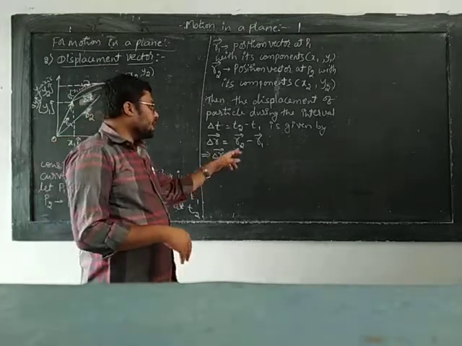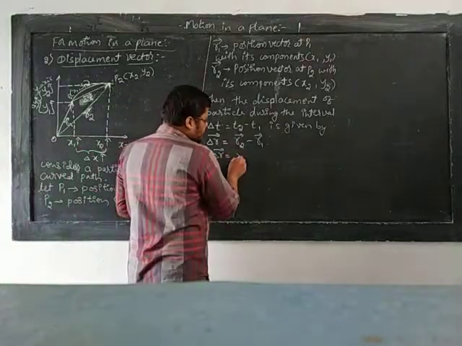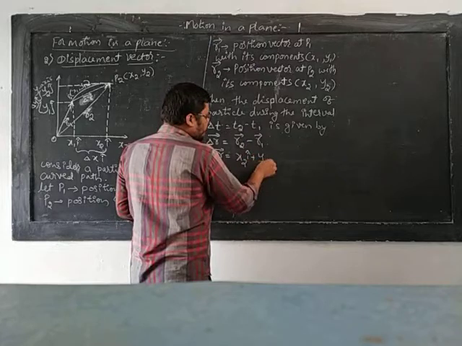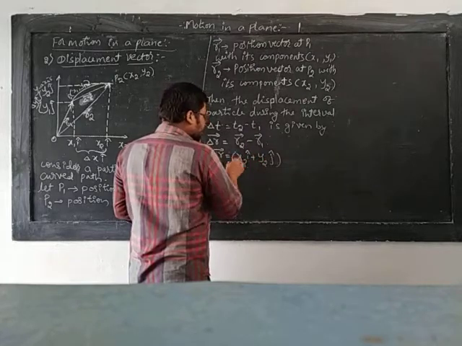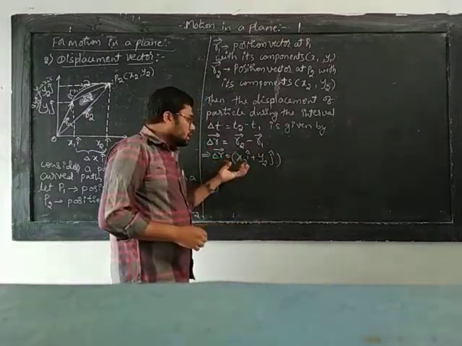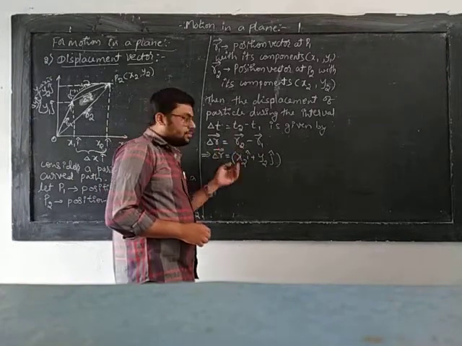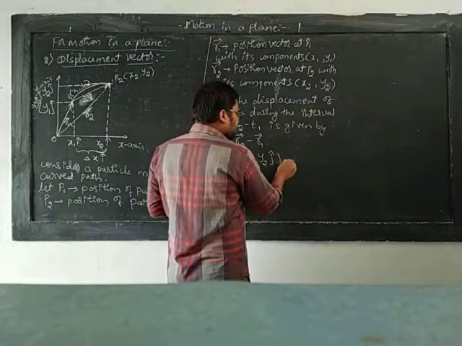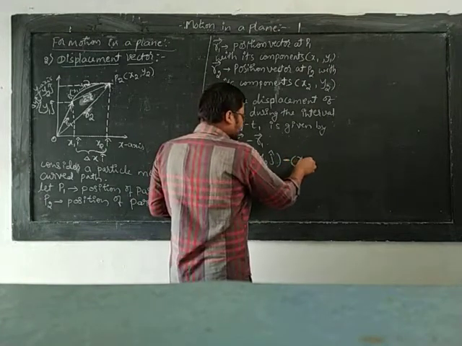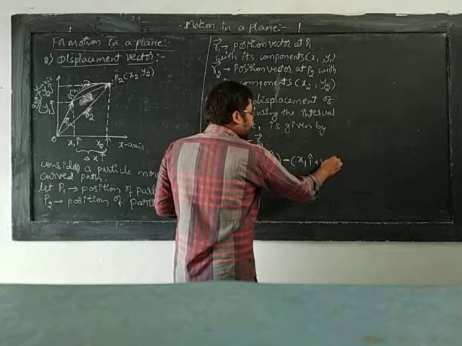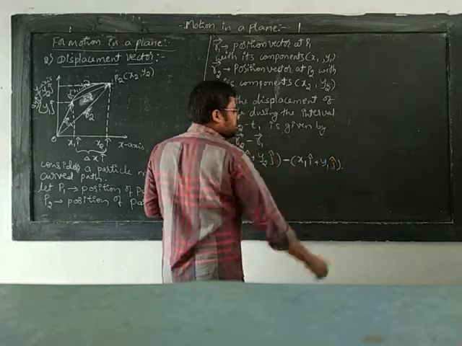So r2 means x2 i cap plus y2 j cap, minus r1, which means x1 i cap plus y1 j cap.